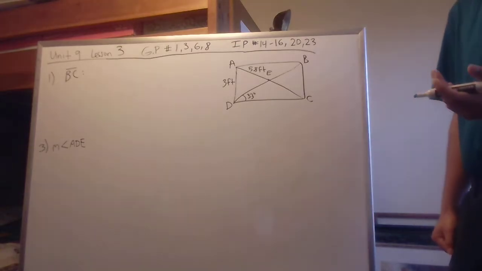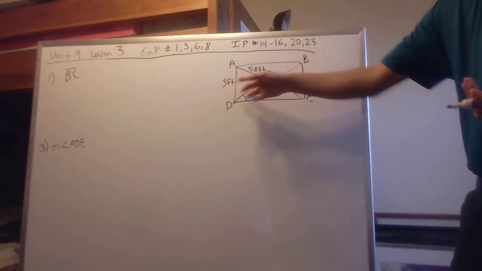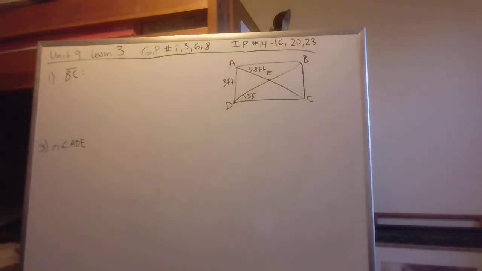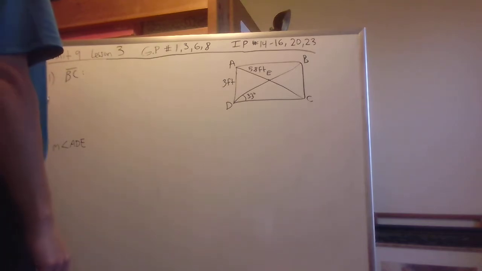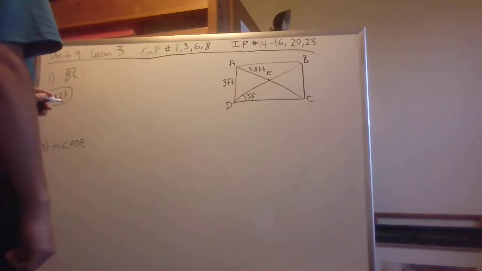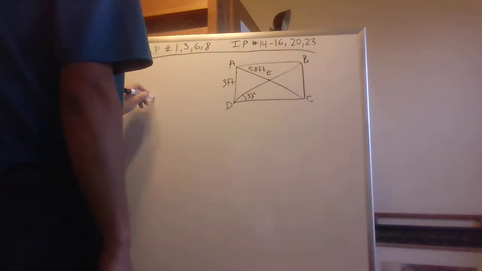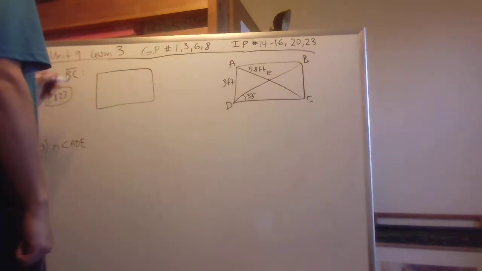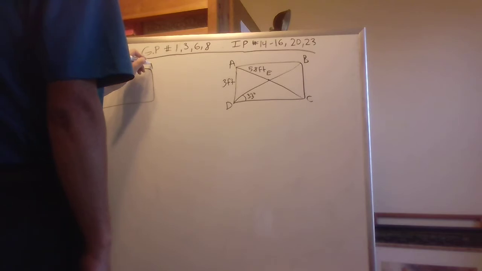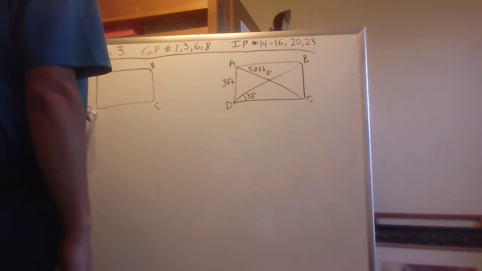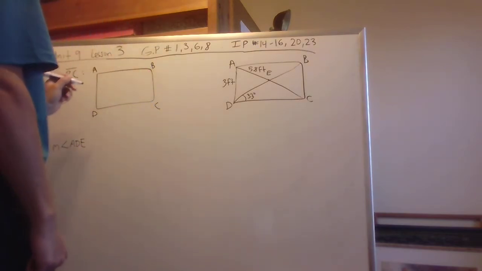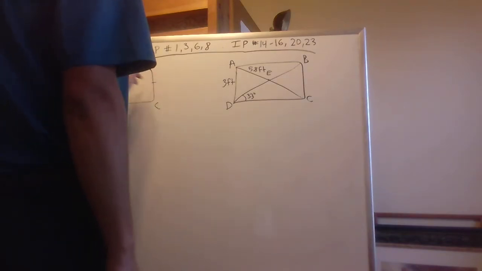Whenever we're looking at rectangles, the opposite sides, according to a property of rectangles, this is on page 823. If you look at page 823 in your textbook, there is a diagram of a rectangle. It says A, B, C, and D. It's kind of like a parallelogram where the opposite sides are congruent.